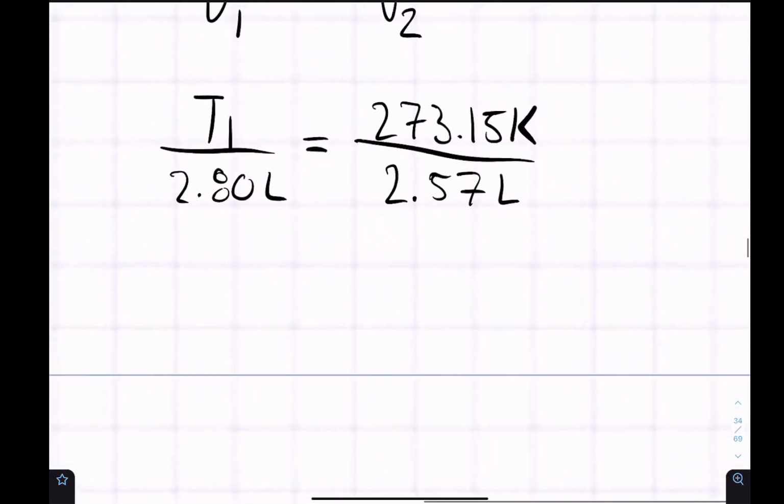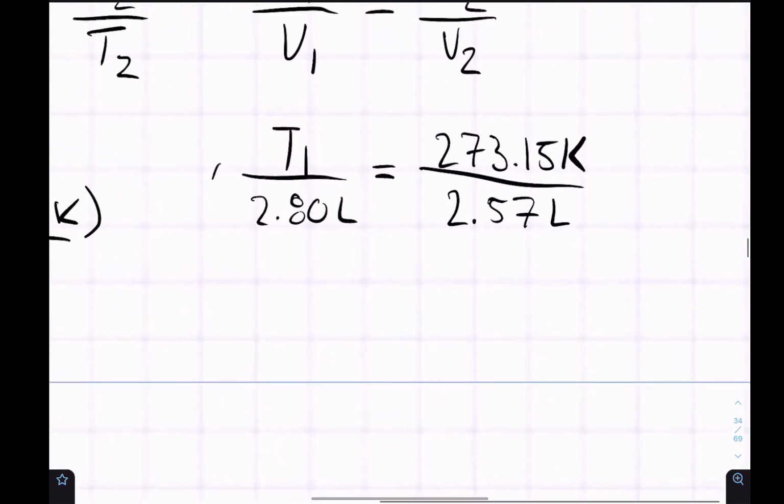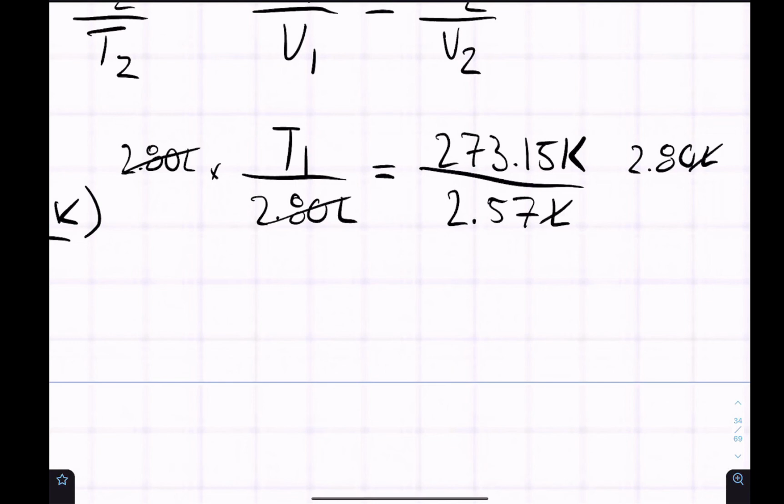So if I zoom in on this, we multiply both sides by 2.80 liters to move that to the other side. So this will cancel with that. And again, the units work out here. Liters will cancel with liters. So we can do 273.15 times 2.8 divided by 2.57.